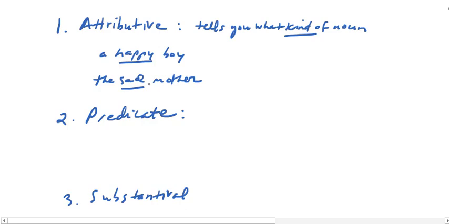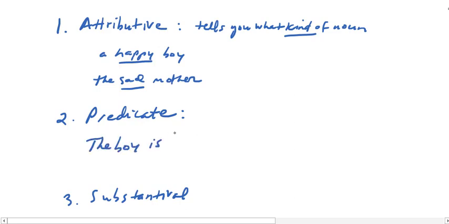So, I used to try to describe an attributive adjective as just saying, well, these are adjectives that directly modify a noun, or that tell you something about the noun, but that doesn't really help distinguish from a predicate adjective.